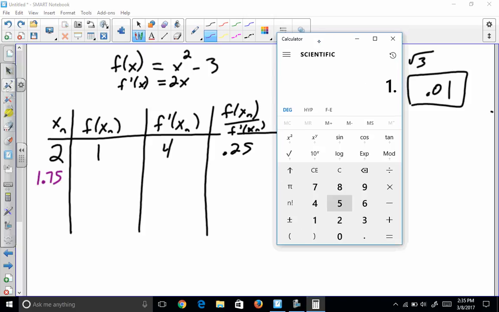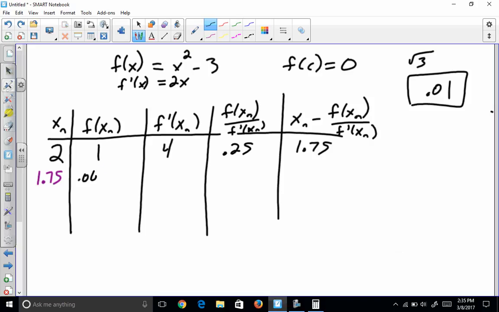closer. So if we do 1.75 squared minus 3, we get 0.0625 for our function. If we put 1.75 into our derivative, we get 3.5.